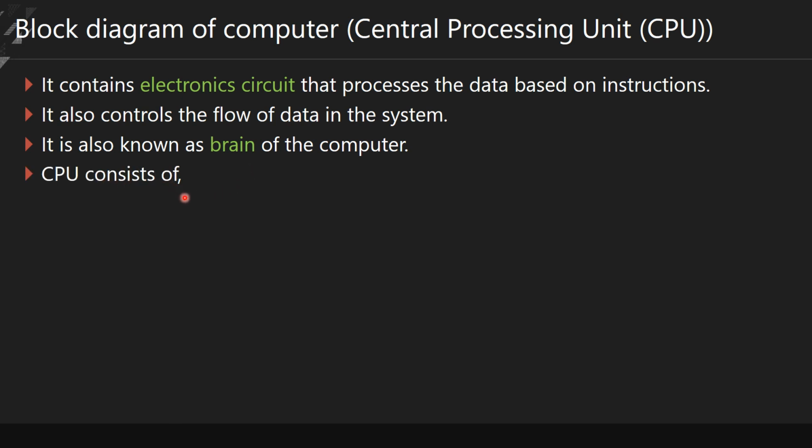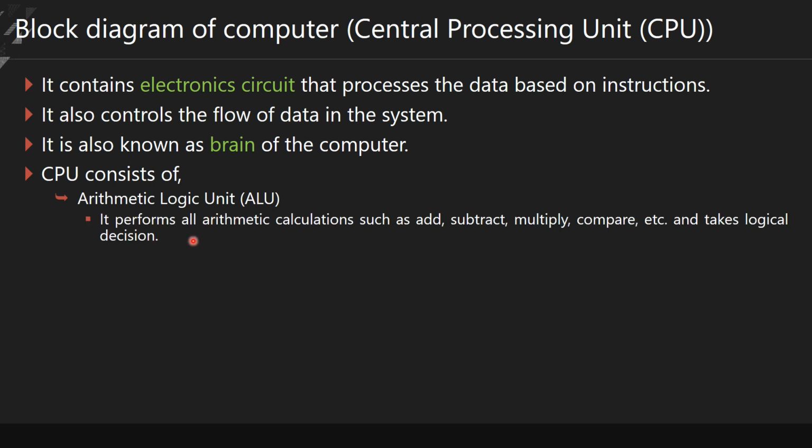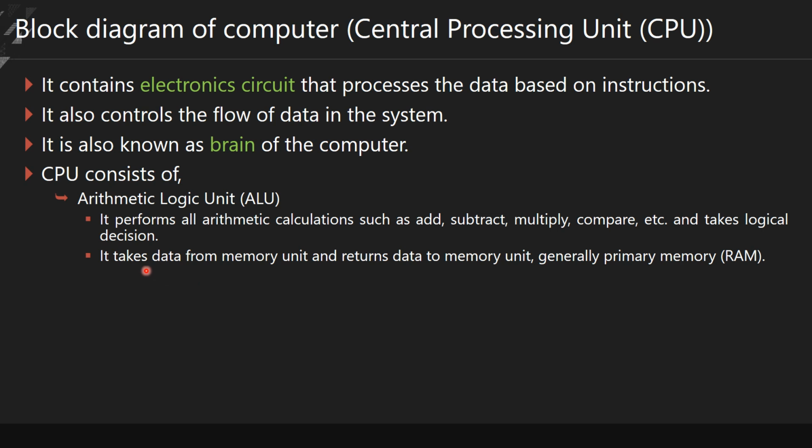The CPU usually consists of the arithmetic logic unit, called the ALU, which does all the arithmetic calculations such as add, subtract, multiply, compare, and also takes some logical decisions. It takes data from the memory unit and returns data to the memory unit, generally the primary memory, that is, random access memory, RAM.